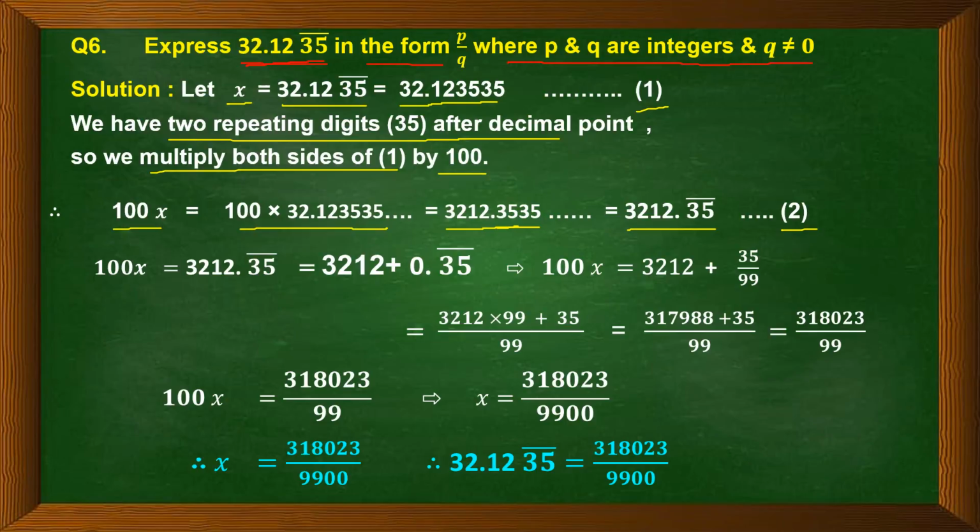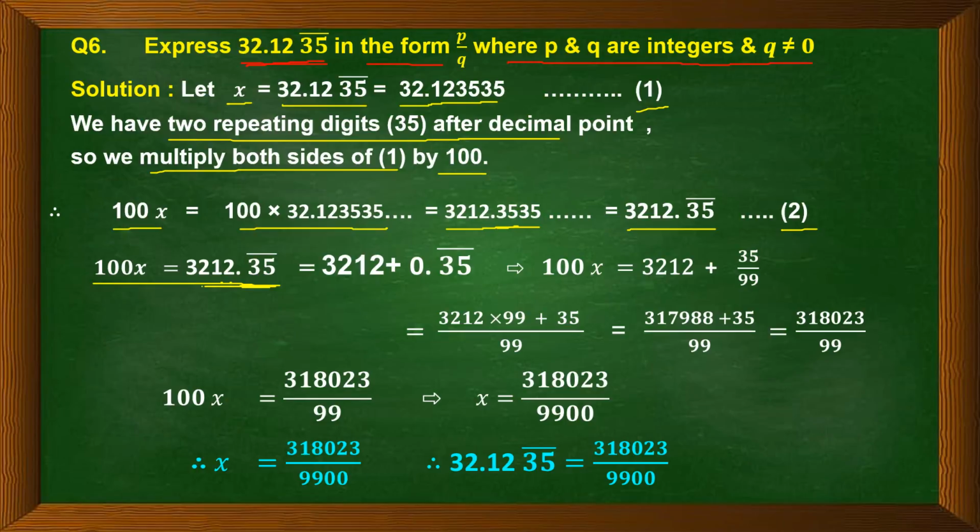Now if you observe this equation 2, that is 100x is equal to 3212.35 under the bar, this has become a pure recurring decimal, right? Because there is no digit after the decimal point which is not repeating. Every digit after the decimal point is repeating. 35 is being repeated.